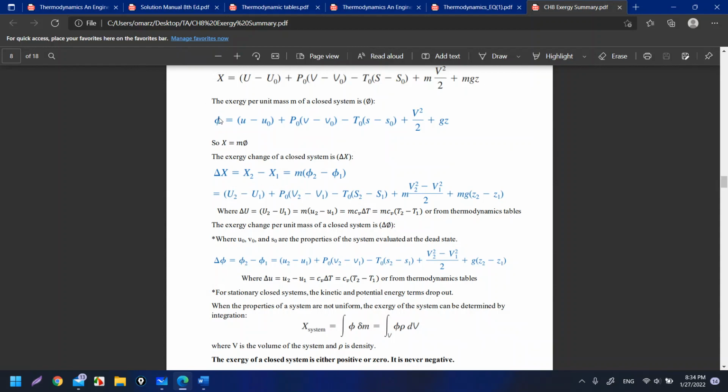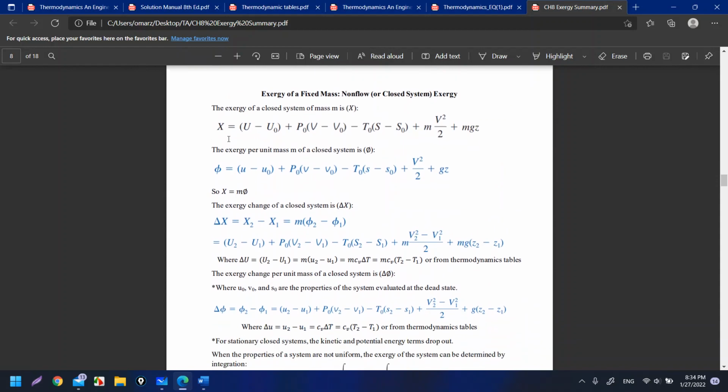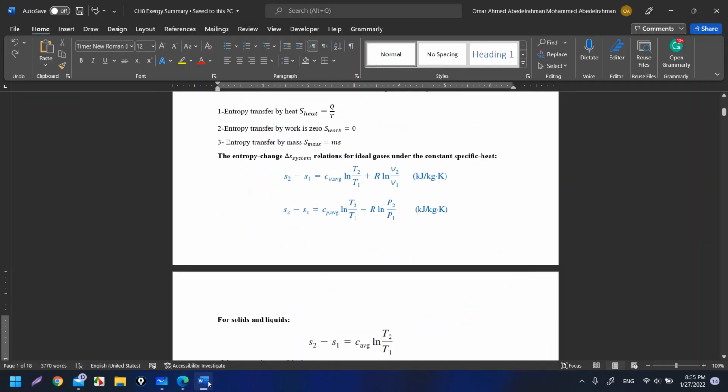We have the mass, then we can say that X equals m phi. The mass we already have, but phi is this equation. Then we say X1 equals m phi 1 and X2 equals m phi 2, and we will substitute in this equation.